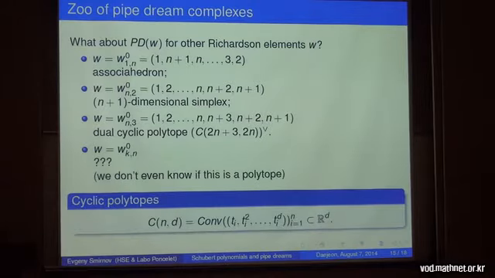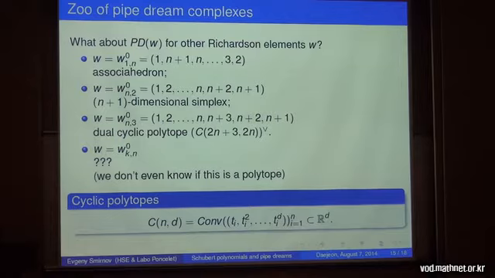What is the cyclic polytope? To define a cyclic polytope, it depends on two parameters, n and d. You take a Veronese curve of degree d in R^d, the image of the curve parameterized by t, t squared, etc., t to the power d, and then you take n points of general position on this curve.